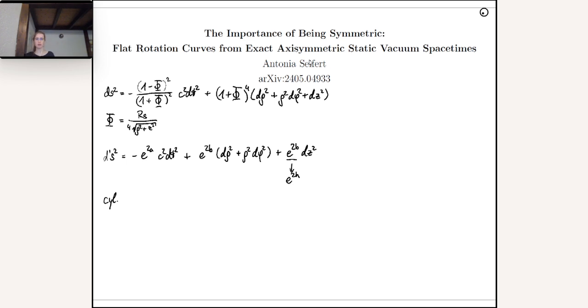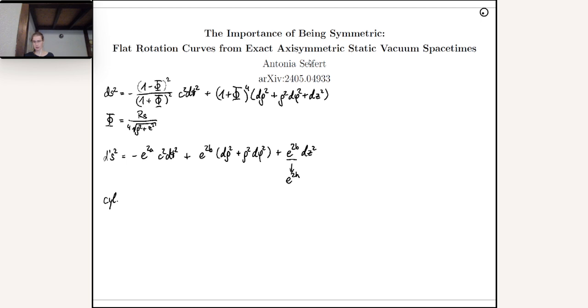For the Schwarzschild solution, we have 3 Killing vectors. One is the time-like Killing vector, reflecting the stationarity, which is then further specified to actually be static. We have the del phi Killing vector, which reflects the axial symmetry, and the del theta Killing vector, which reflects the spherical symmetry.